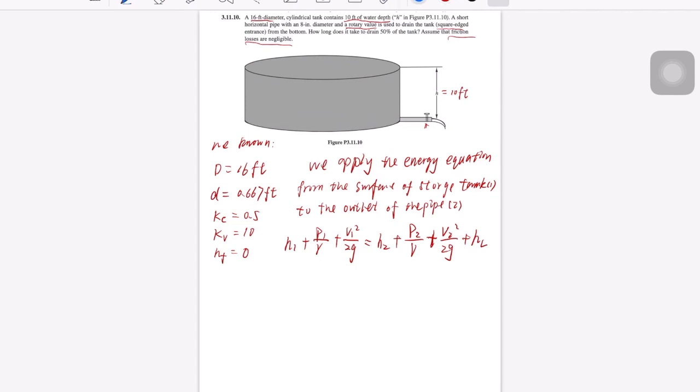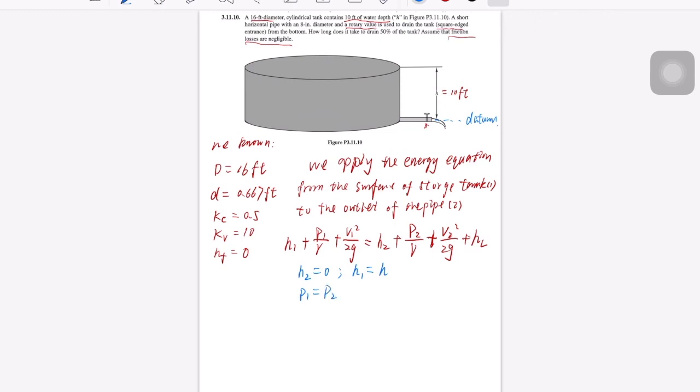We select the reference datum at the outlet. So we got H2 equals 0 and H1 equals the water depth. And since the surface of the tank and the outlet of the pipe are both exposed to atmospheric pressure, we get P1 equals P2.